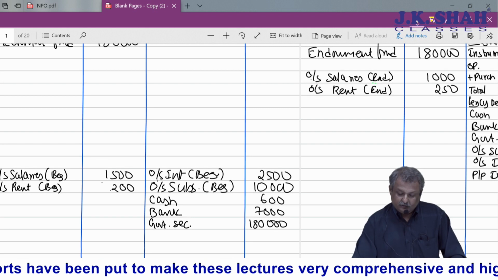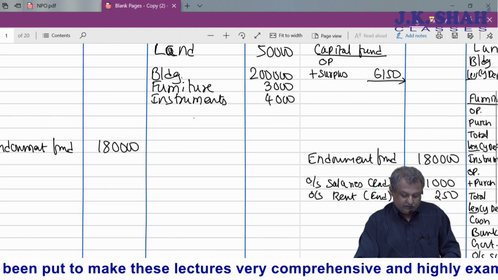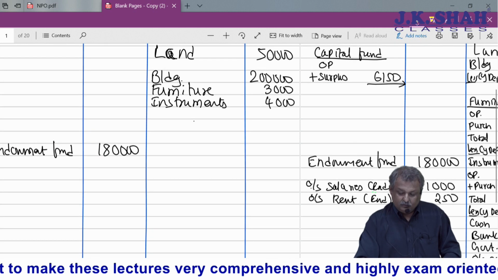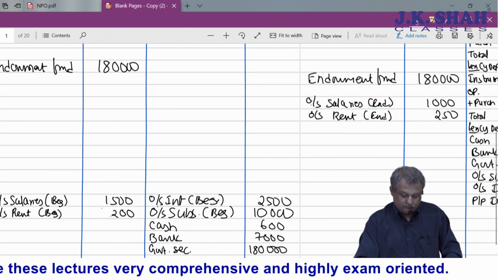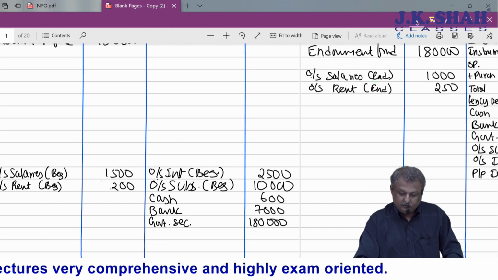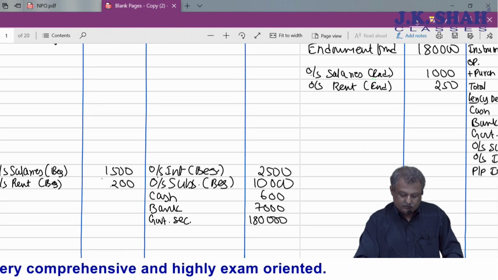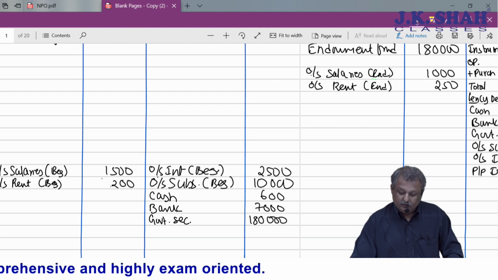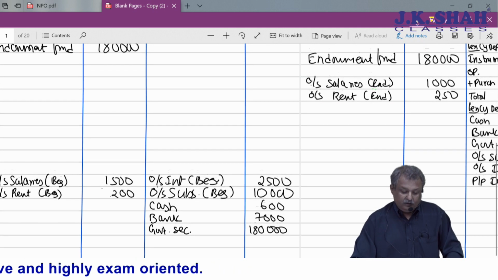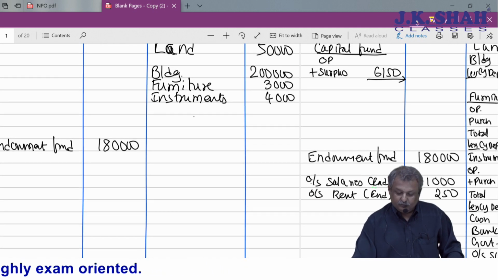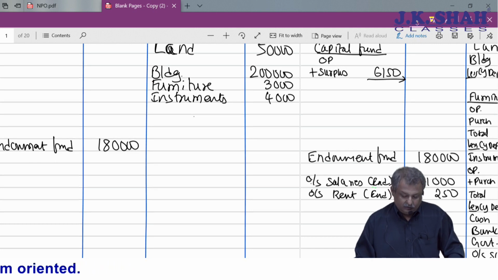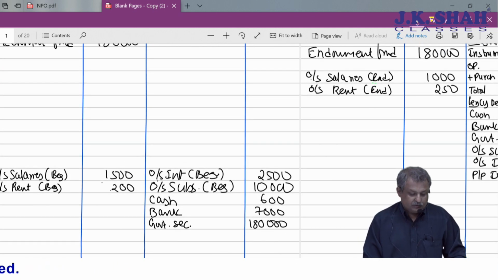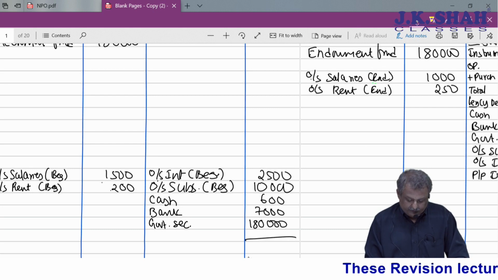Let us check. But to that, we have to add 50,000. That is for land. So the total is 457,100.